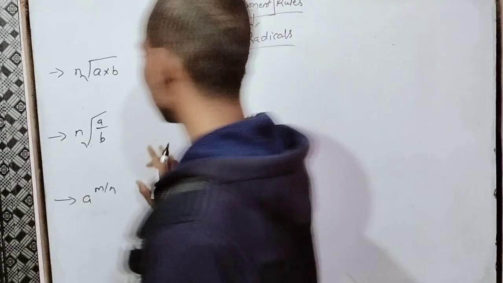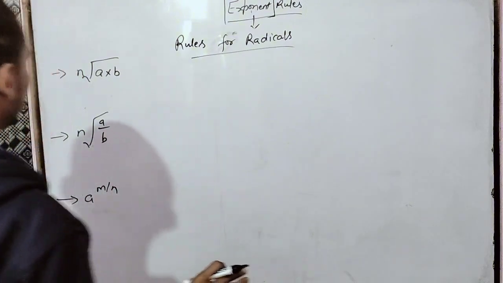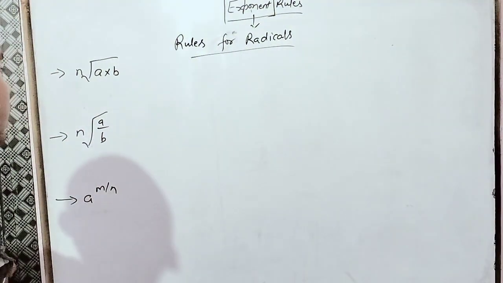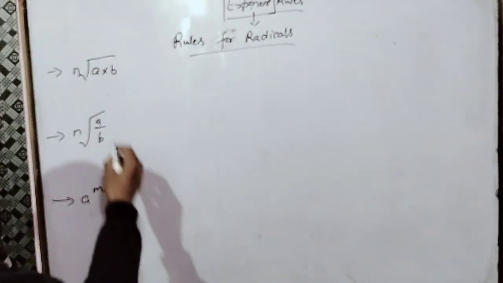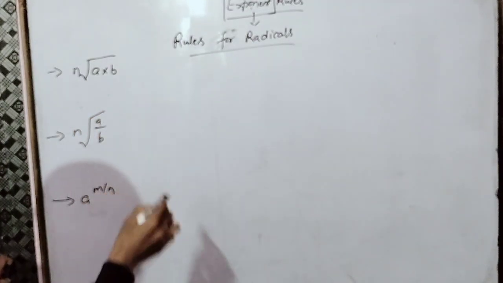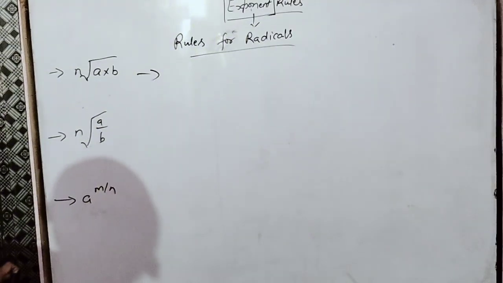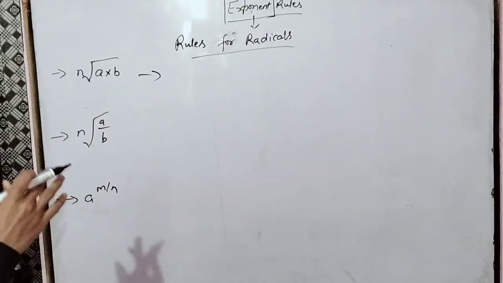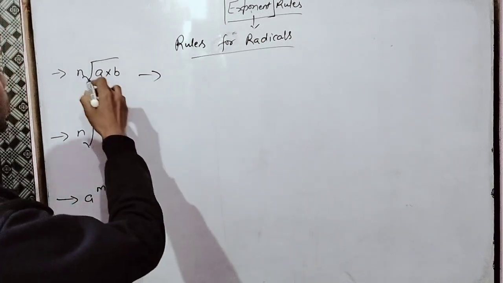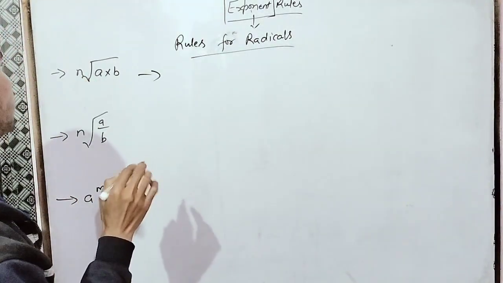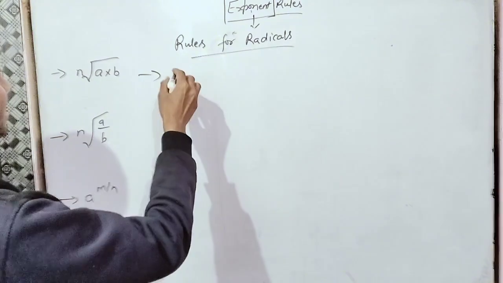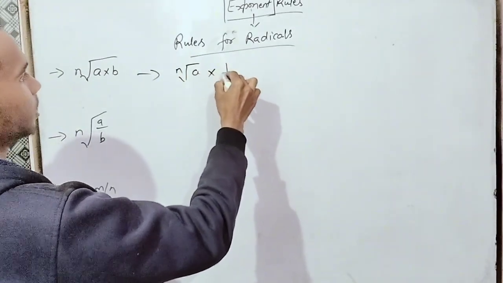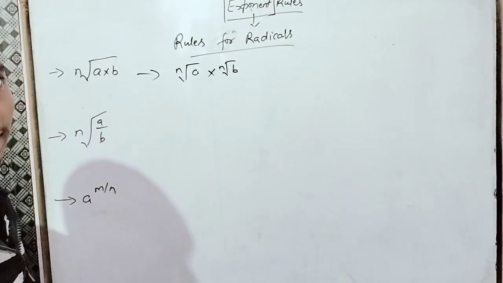It is saying this is the rules for radicals. These are rules for radicals. So it is saying, yeah, with a number we will break it down. So n is a number, but n is a common number. Okay, it is saying we can write it like that.